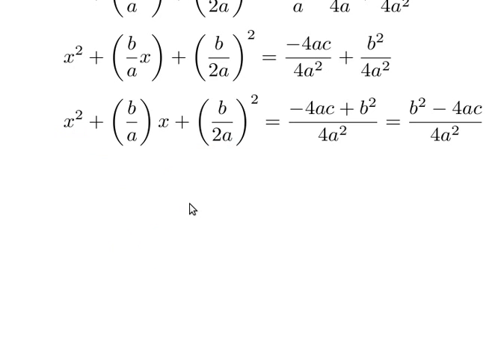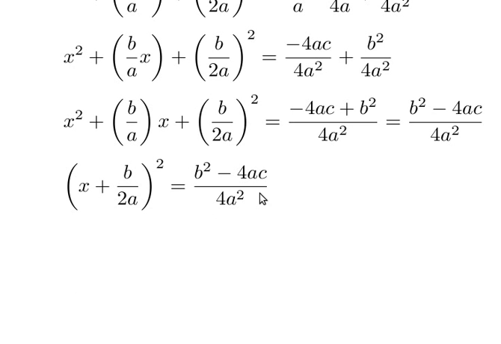So that means that we can rewrite this as x plus b over 2a quantity squared. Okay, so now, of course, the right side is still the same, so let's copy that down.